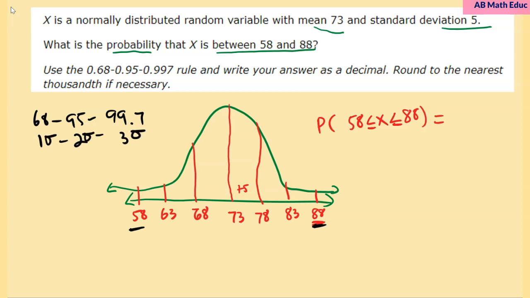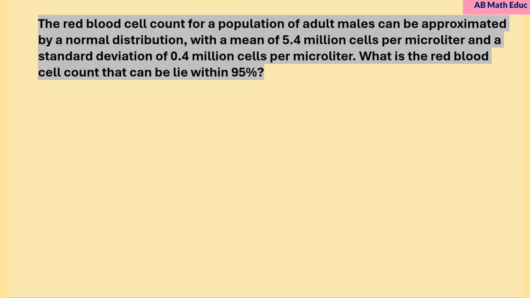So here it is within the 3, and the 3 is 99.7%. And if you convert this to a decimal, it's just going to be 0.997 as the answer.